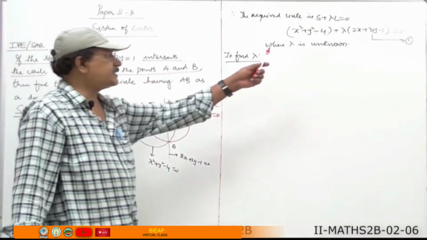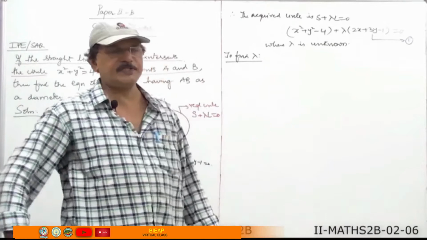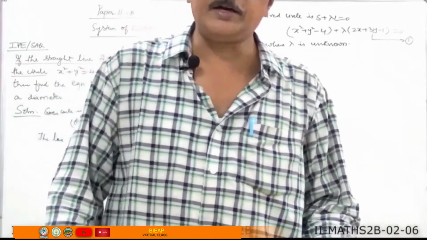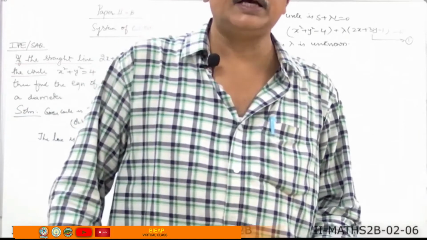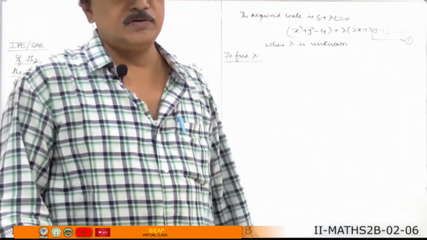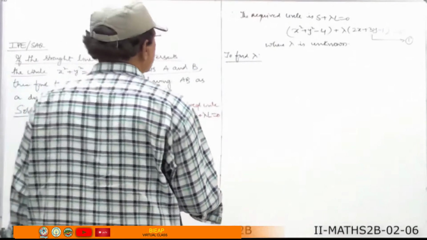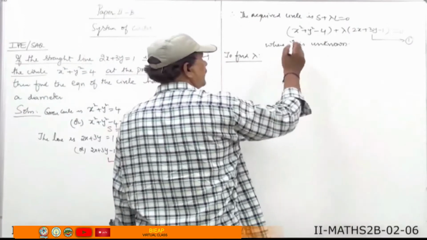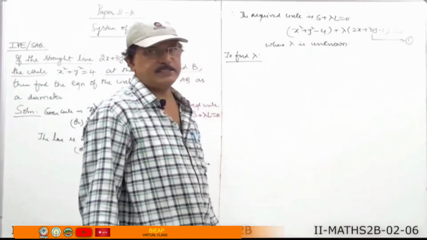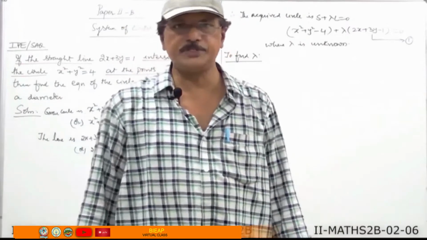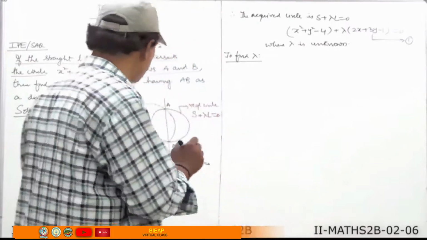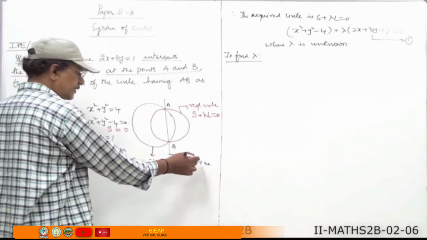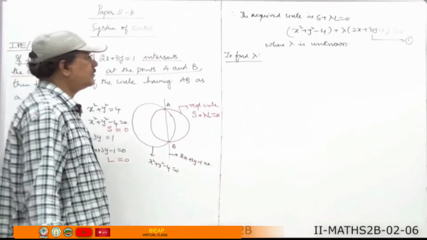The required circle is equation 1. For equation 1, diameter is AB. So, we apply the diameter property. That means, on the diameter, we find the center. So, to find lambda, first of all, we simplify equation 1 and we find the center of it and we substitute that center on this line AB, that is 2x plus 3y minus 1 equal to 0.